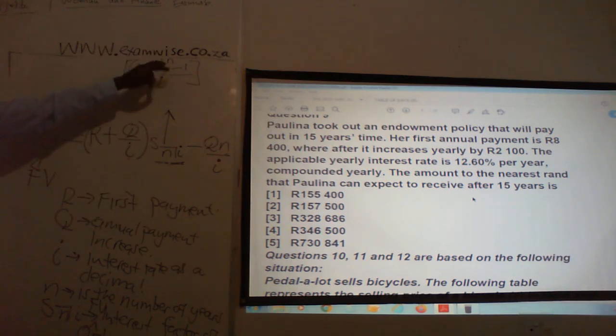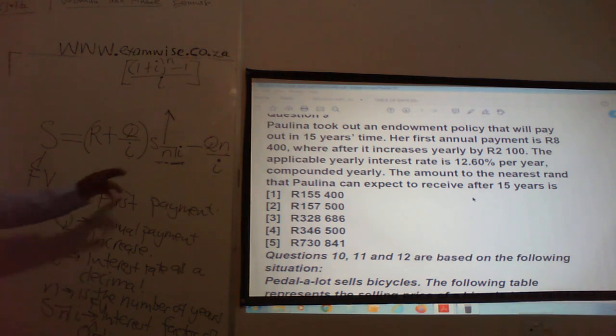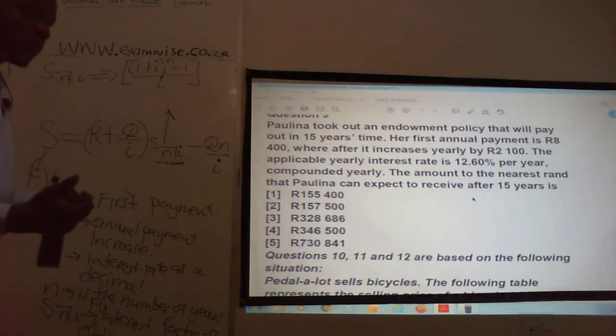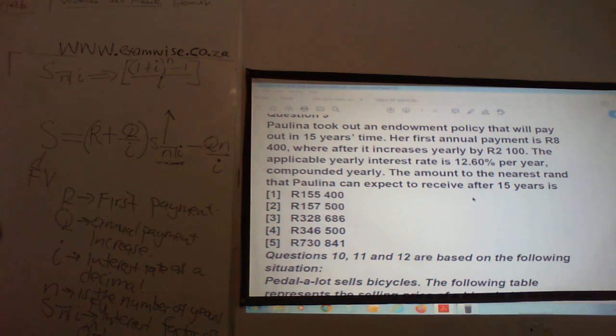Our N will remain the number of years. Our I will remain as our interest rate as a decimal. So for notes purposes, S angle N at I can be written as this. So we have to convert this one to this format. That is how we interpret the variables of an increasing annuity.